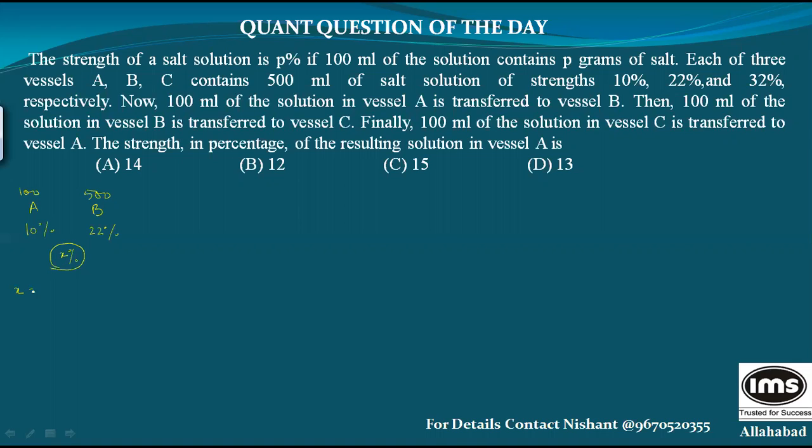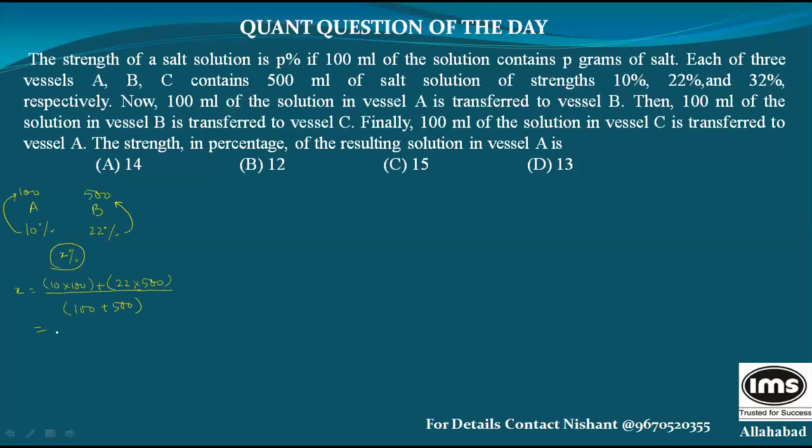We can easily calculate this X using this concept, multiplying these two numbers, 10 and 100. So we can write it as 10 multiplied by 100 plus 22 multiplied by 500, divided by the addition of these two, 100 plus 500.